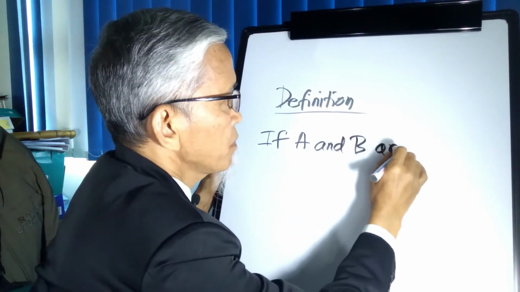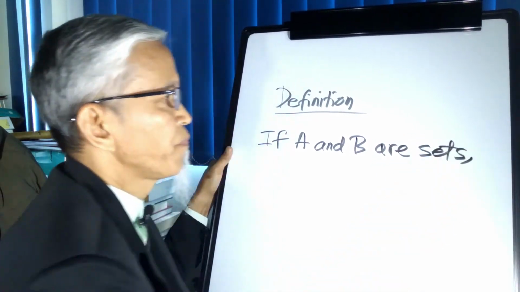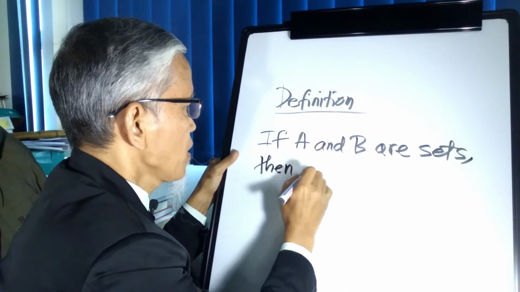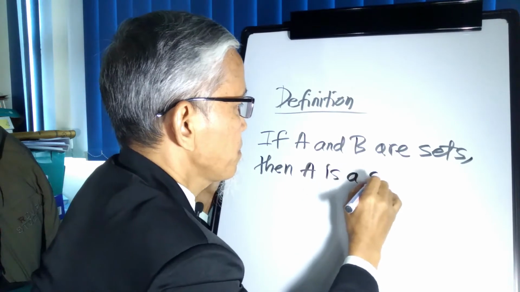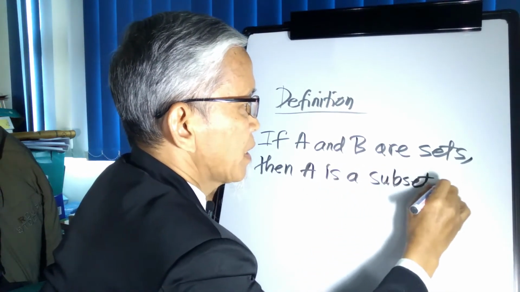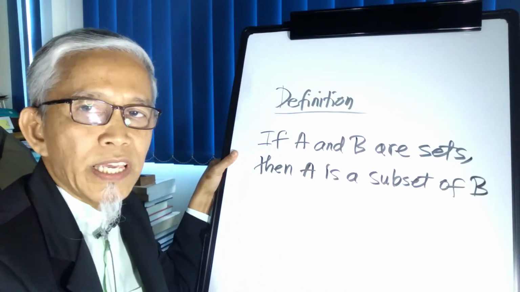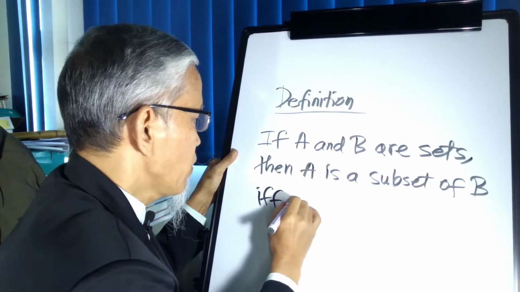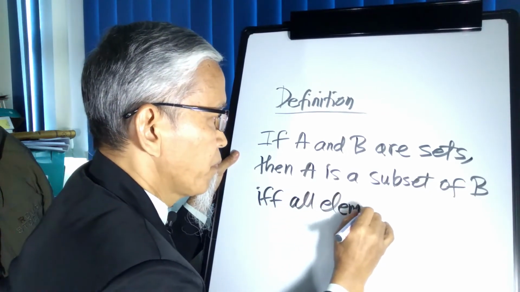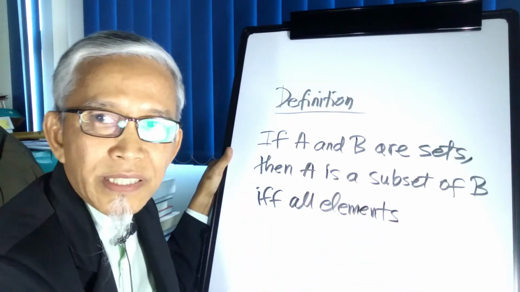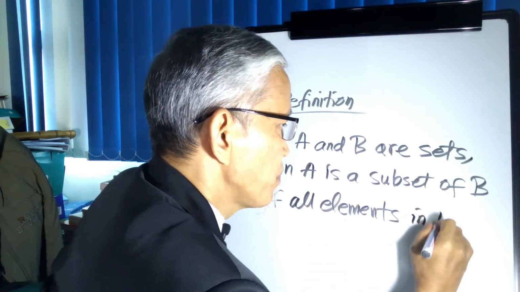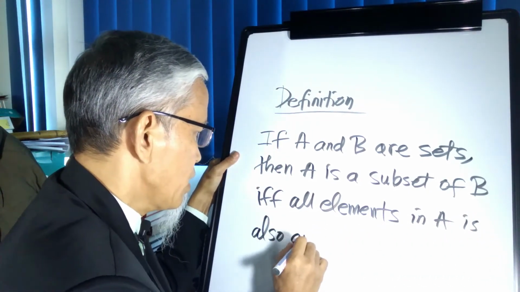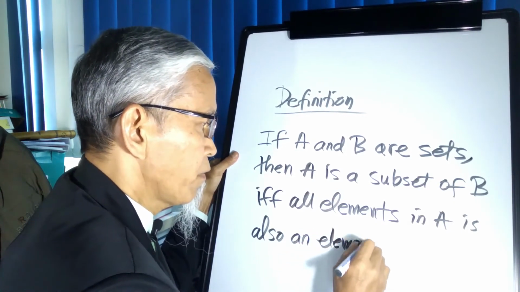If A and B are two sets, then A is a subset of B. We say that A is a subset of B if and only if all elements in A is also an element in B.